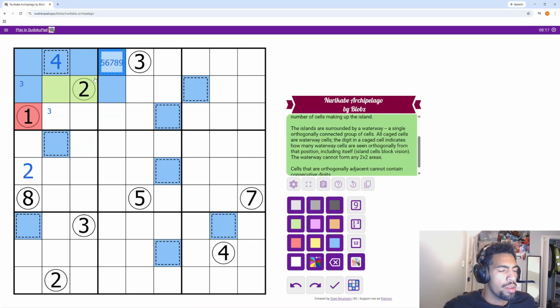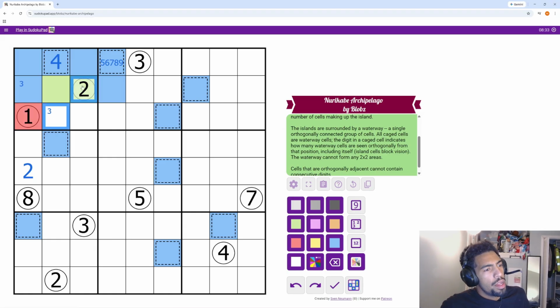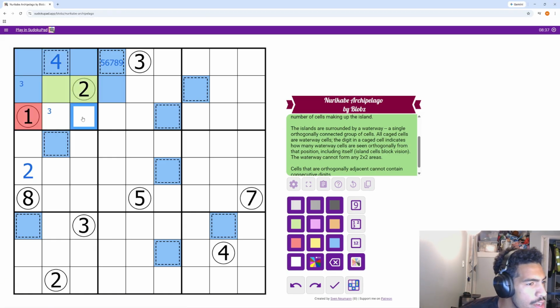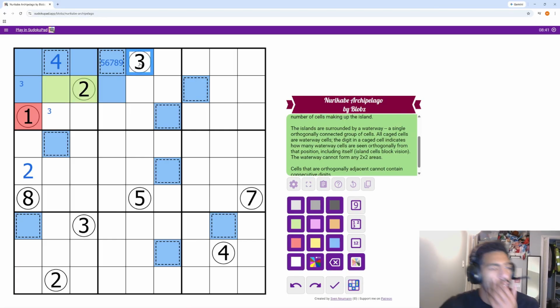Right. So then what do I want to look at now? Is it this box trying to put a 5? None of these digits are really that interesting. This island, okay.